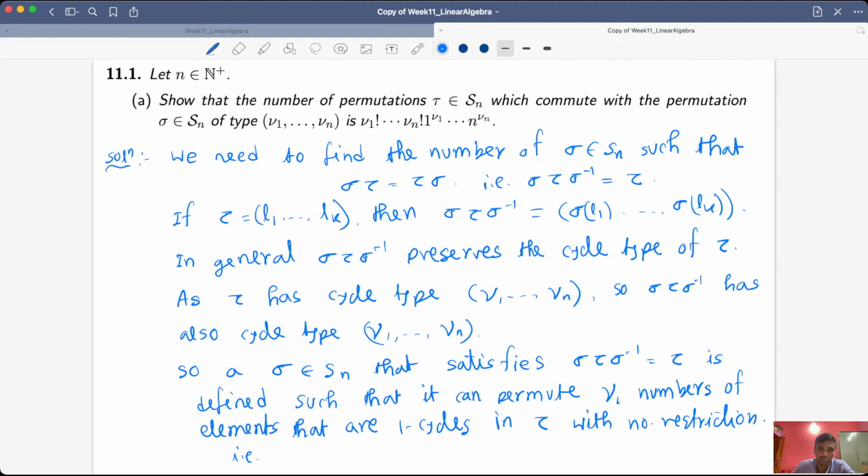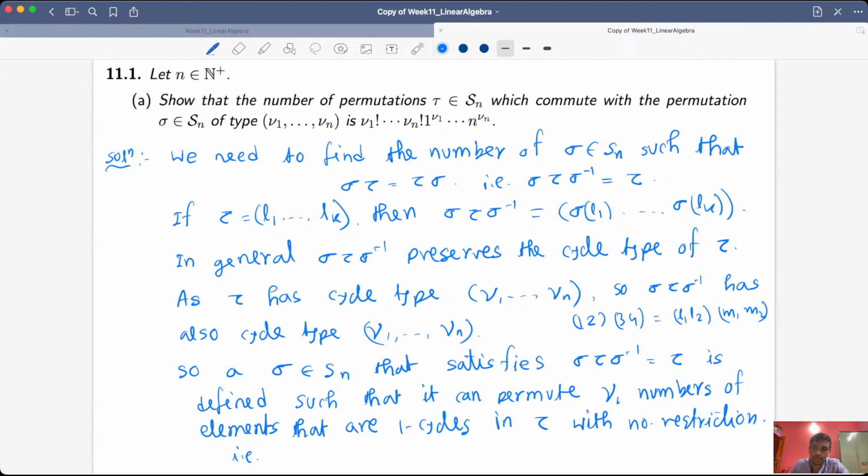So for example, suppose you have 1 2 3 4 equal to L1 L2 M1 M2. Here you can either take L1 L2 equal to 1 2 or L1 L2 equal to 3 4, so you have two choices. Similarly, if you have nu 2 numbers of transpositions, you can permute between these transpositions.